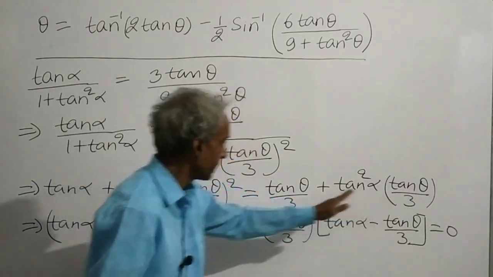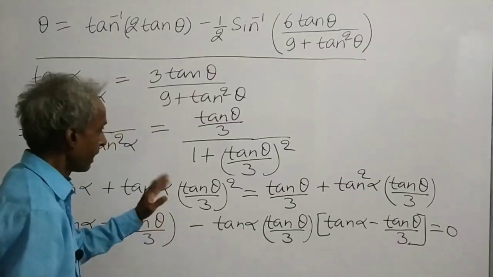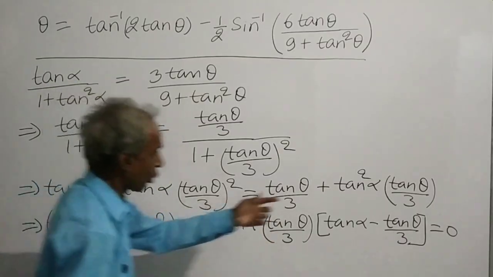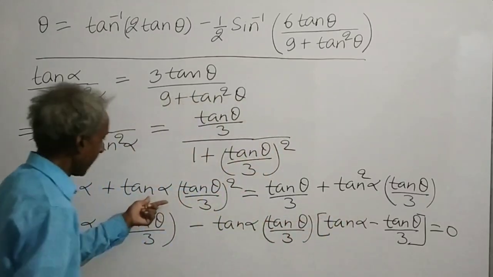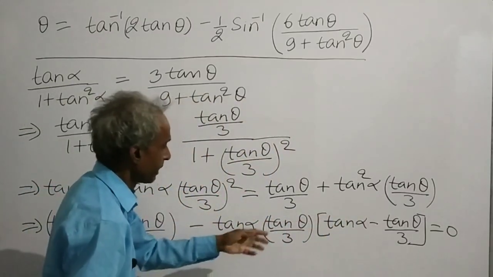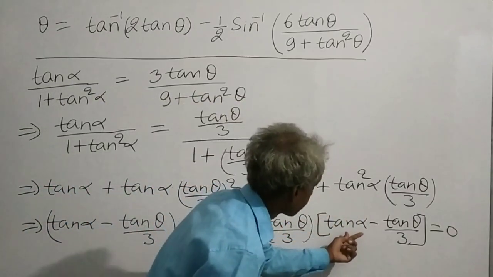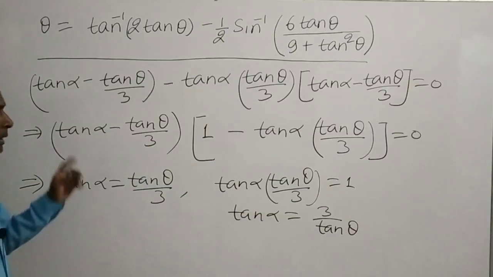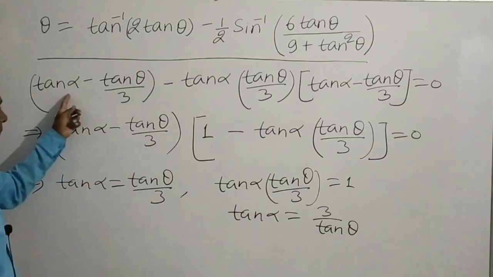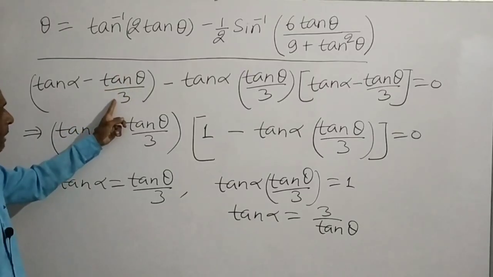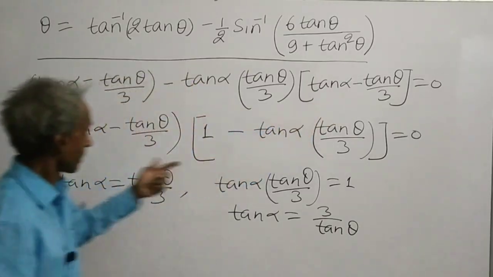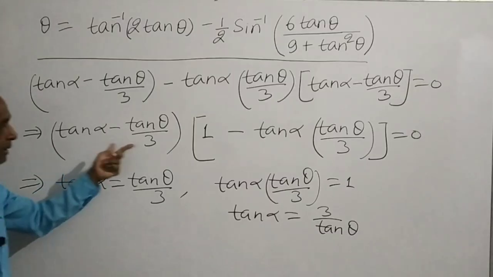Also we shift this to the left hand side and take minus tan alpha tan theta by 3 common from this and this, then there is left tan alpha minus tan theta by 3. Taking tan alpha minus tan theta by 3 common from here and here, we get this.